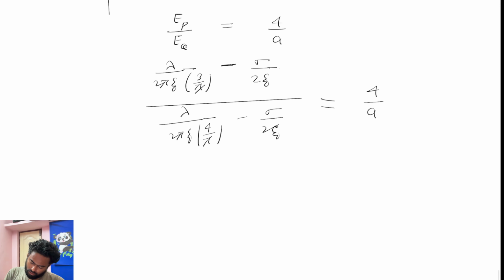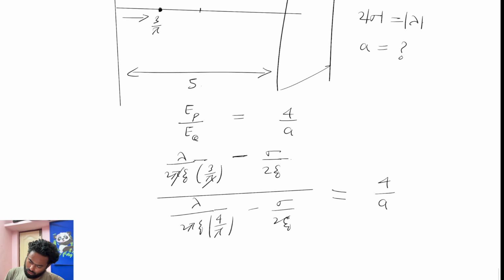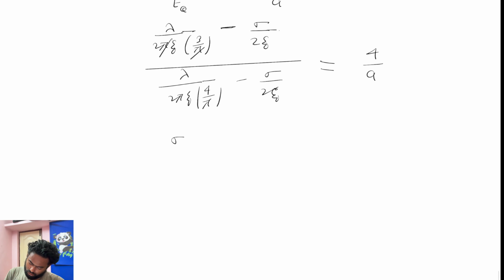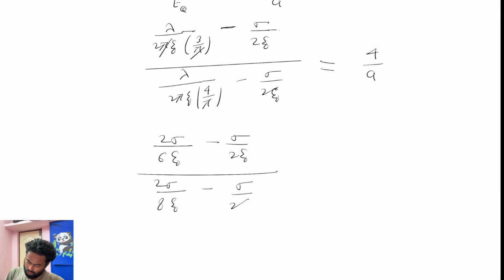So pi cancels, lambda equals 2 sigma, so 2 sigma upon 6 epsilon naught minus sigma by 2 epsilon naught, upon 2 sigma upon 8 epsilon naught minus sigma by 2 epsilon naught, equals 4 by A.